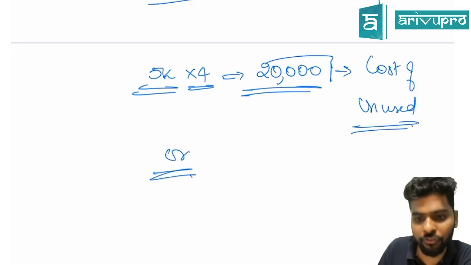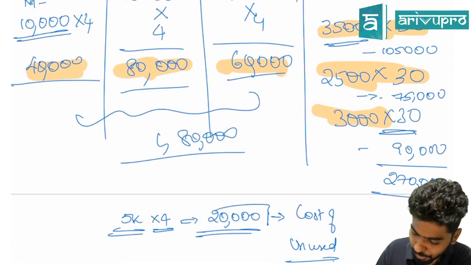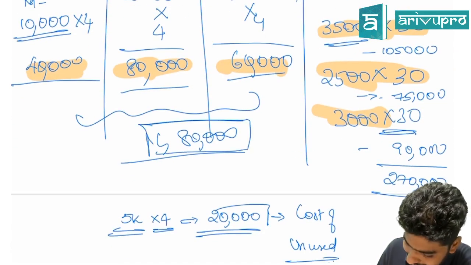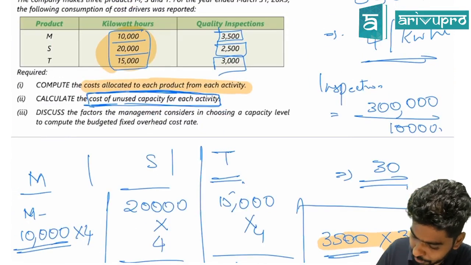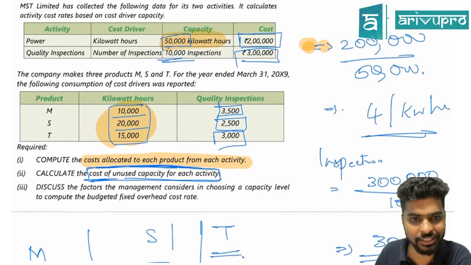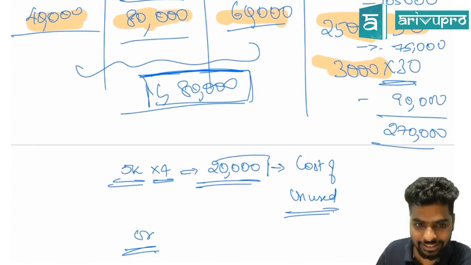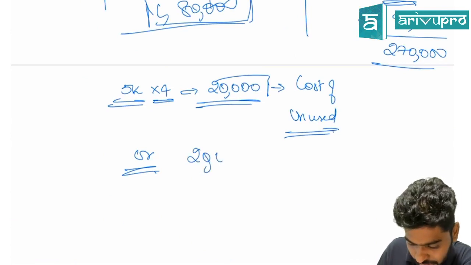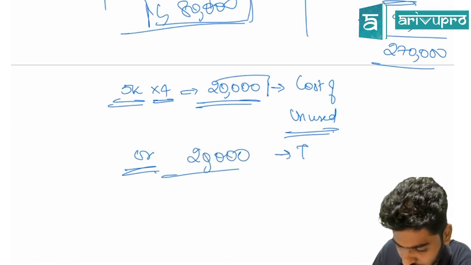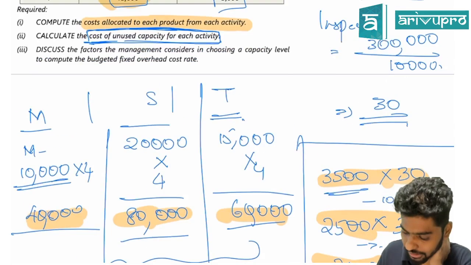Or another way of doing this is, see here, I've spent 1,80,000 and my budgeted cost is 2 lakh. My budgeted cost is 2 lakh out of which I've used 1 lakh 80. That means I have 20,000 rupees which goes for a toss. Clear? Same thing, see here.